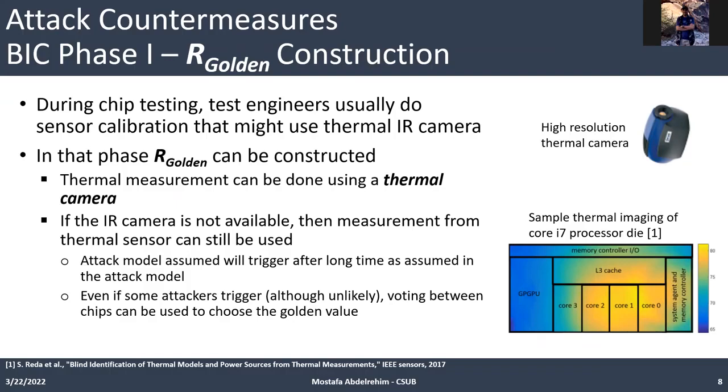But even if it's triggered, there are also other ways to measure the temperature offline, for example, using a high resolution thermal camera. So we can avoid completely the use of the thermal sensors. And either way, we're gonna construct our golden R.